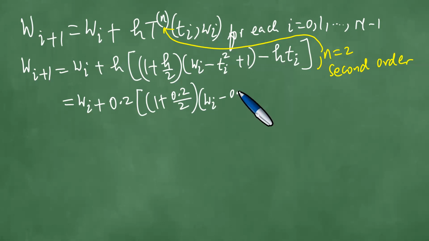So 0.2 squared is 0.04 and then i squared plus 1 minus 0.04. Because the h is 0.2 and then the Ti is 0.2, then it's 0.04i.